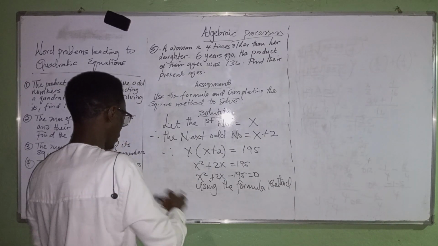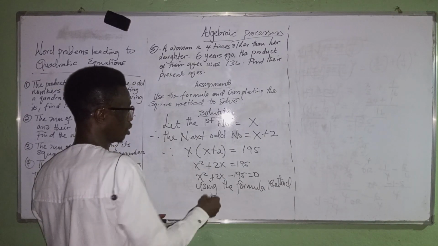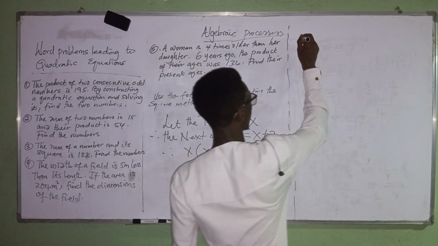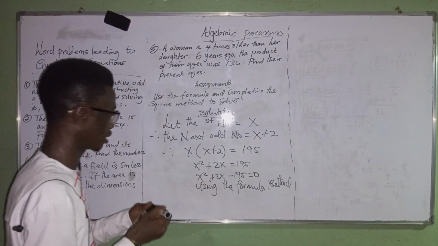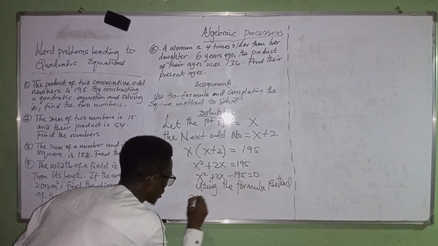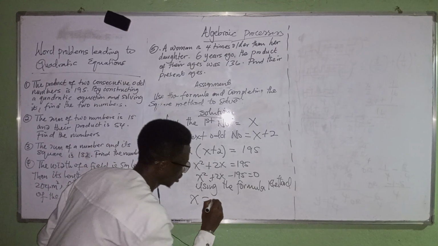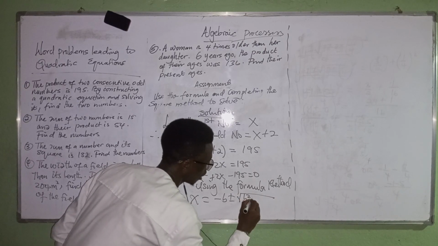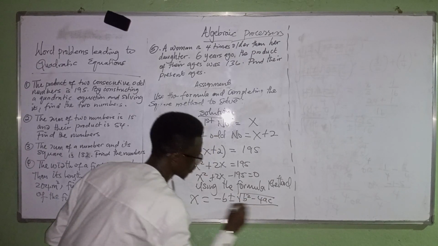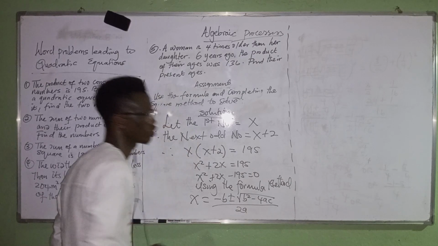By using the formula method, because we are using a variable which is x, x equals minus b plus or minus the square root of b squared minus 4ac, all divided by 2a.